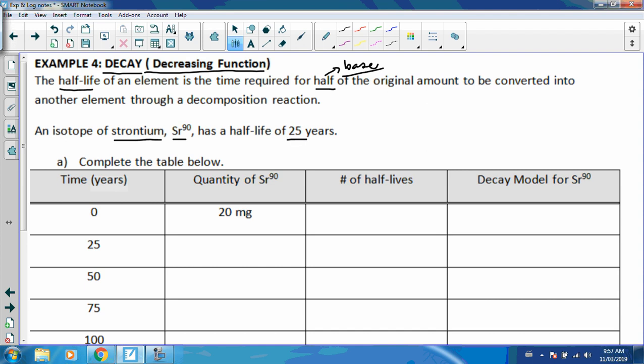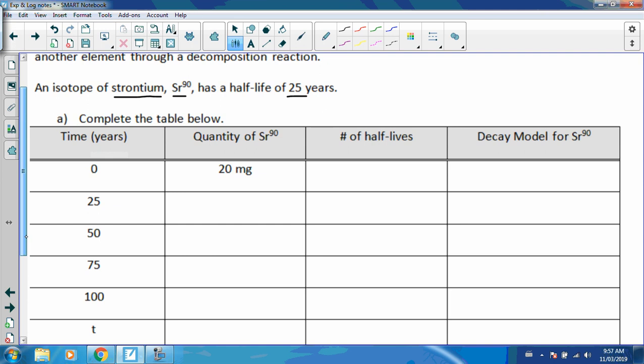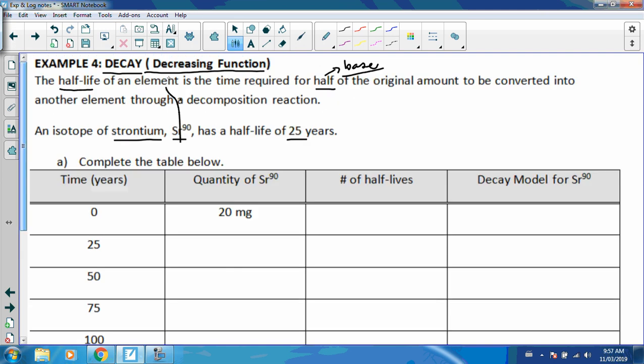So we're going to complete this table and see how much of this strontium-90 we have after all of these halving periods. It's halved. So the number of half-lives at time 0 is 0.